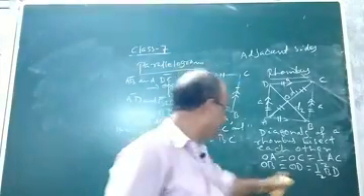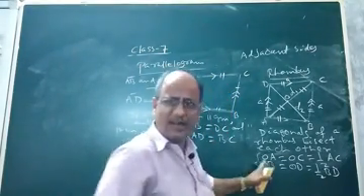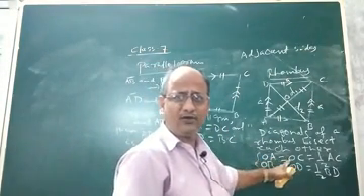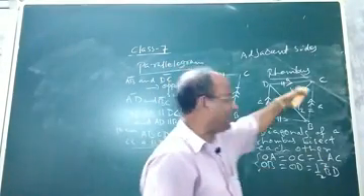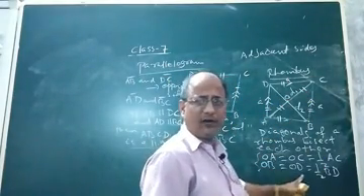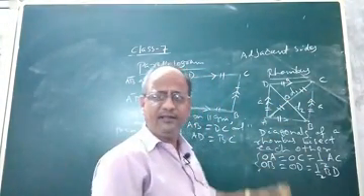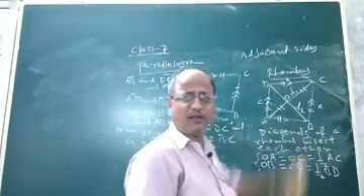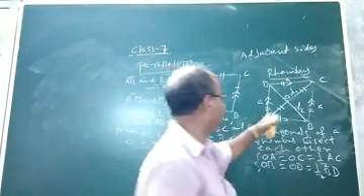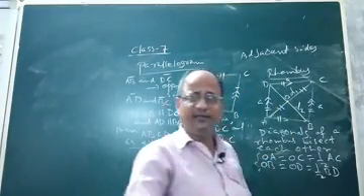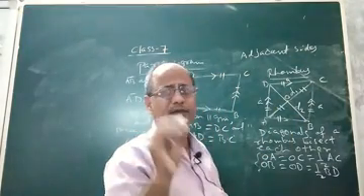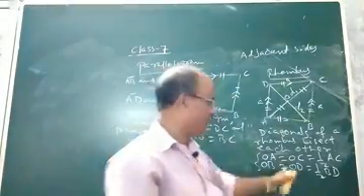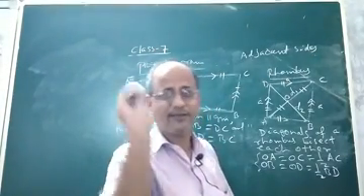So we say that the two diagonals AC and BD of rhombus ABCD bisect each other. So we came to know another important property: diagonals of a rhombus bisect each other.